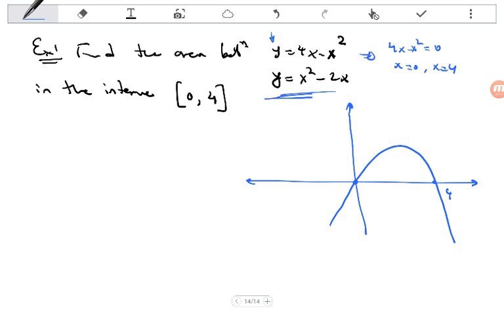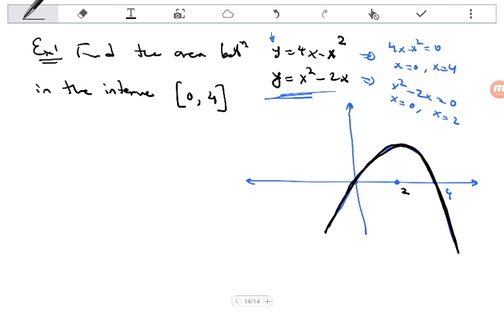Now for this parabola, I can make the same steps here. x squared minus 2x is equal to 0. It will give me x equals 0 and x equals 2. And these are the other two points. I just make the curves in black to differentiate between the bounding curves and the axes.